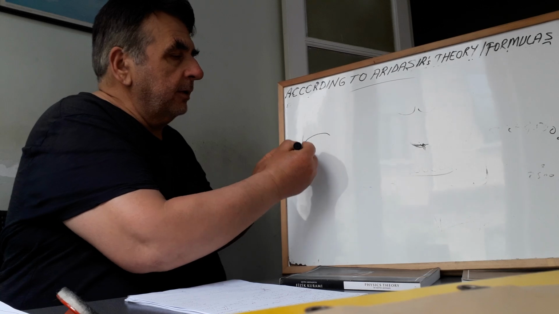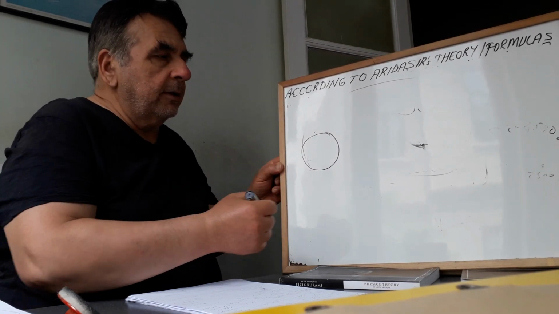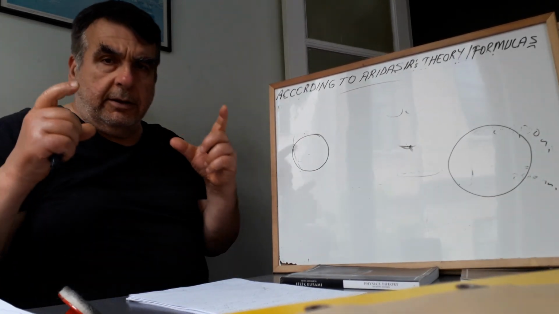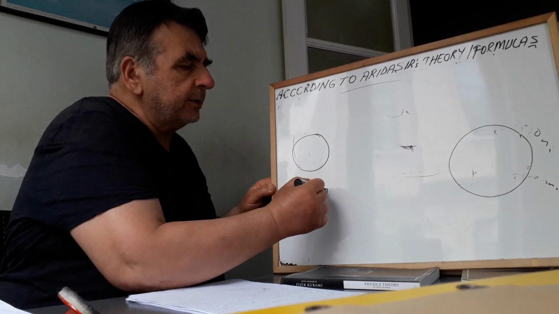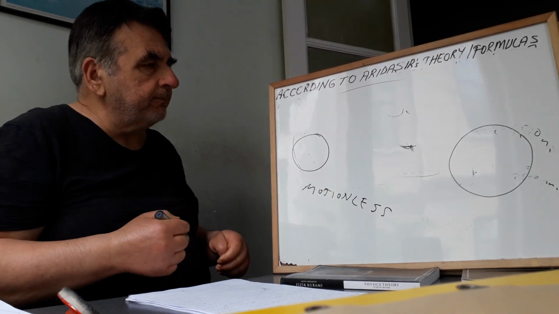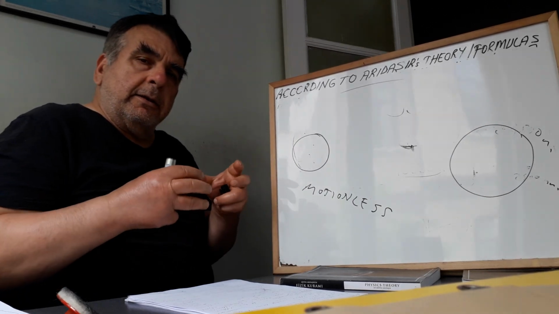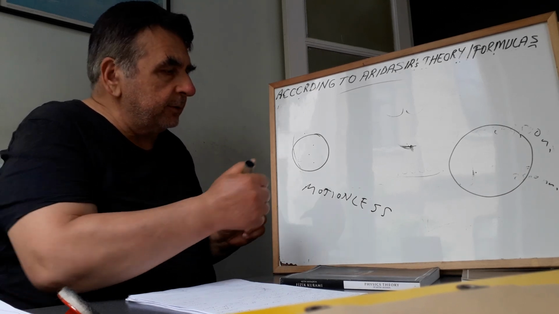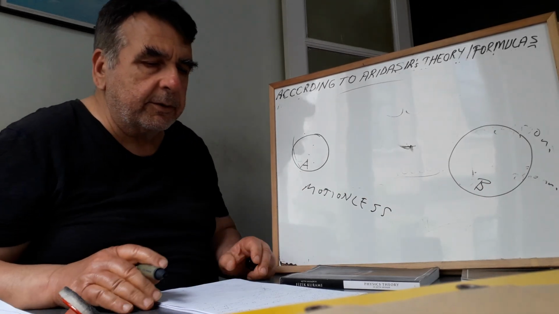Here, a stellar object. Here, another stellar object. But imagine, they are motionless. Here, there are a certain type of free electron motion forms. This is A, this is B.